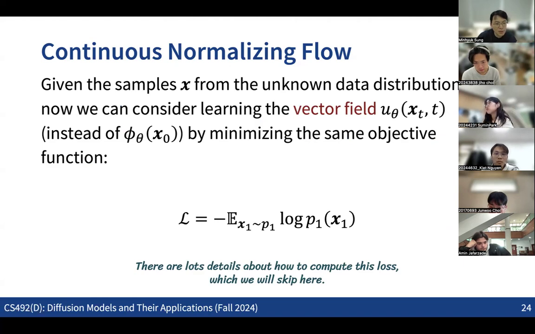So it's a matter of whether we are representing the mapping through a direct mapping function or through a vector field, which is represented like this. There are lots of details in terms of how we can really learn this kind of vector field.